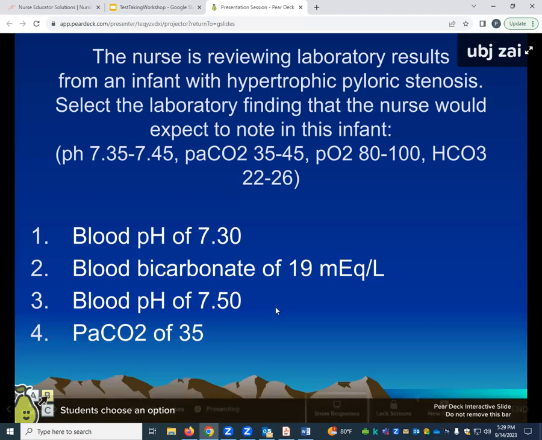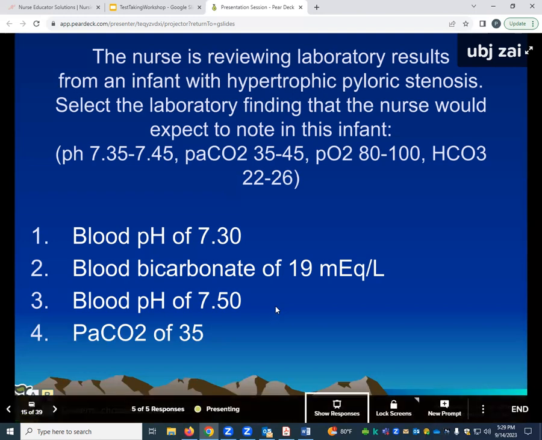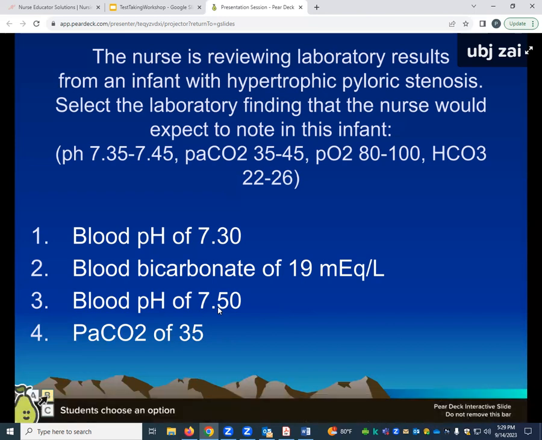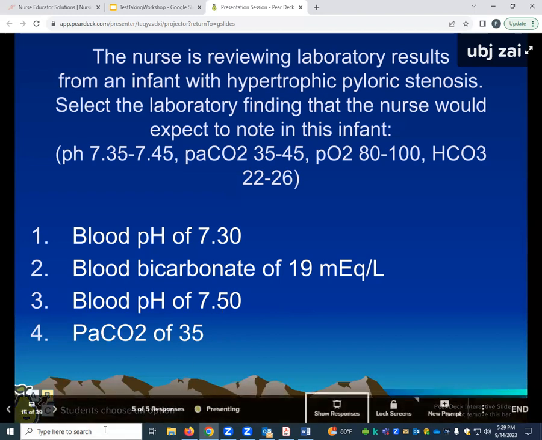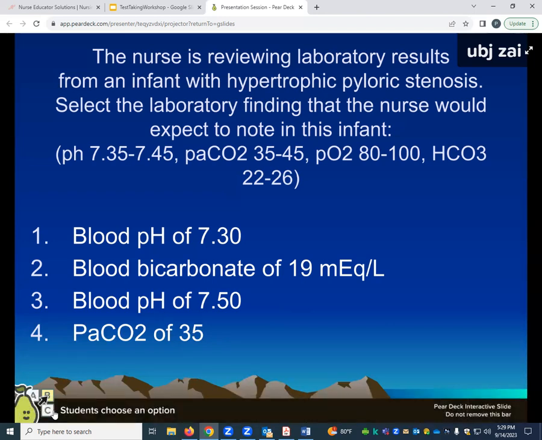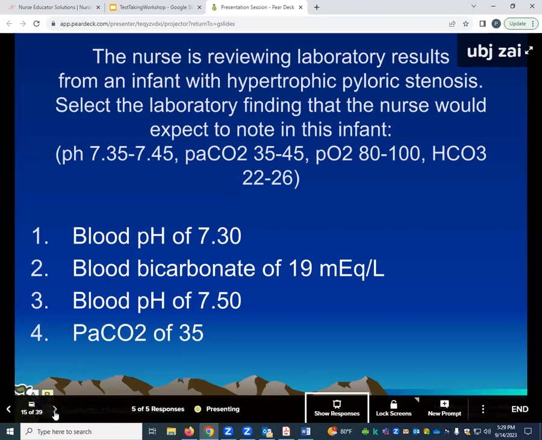So using your critical thinking, your judgment, all of your knowledge of anatomy and physiology and terminology, you're going to pick the pH of 7.5, because you know that anything greater than 7.45 indicates alkalosis. So we have a patient that's in metabolic alkalosis. That's how you can answer those questions where you don't have a clue what they're talking about.